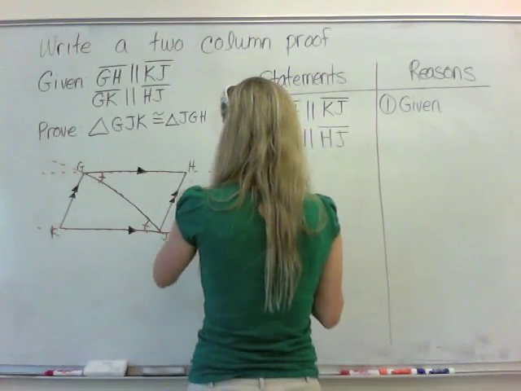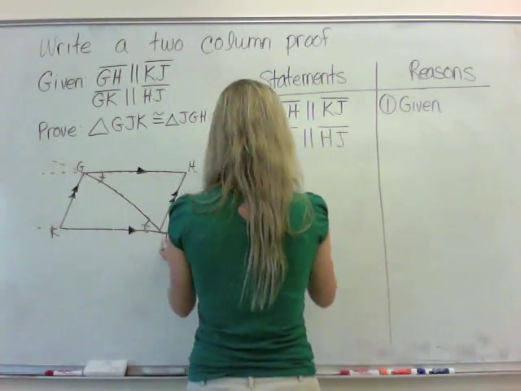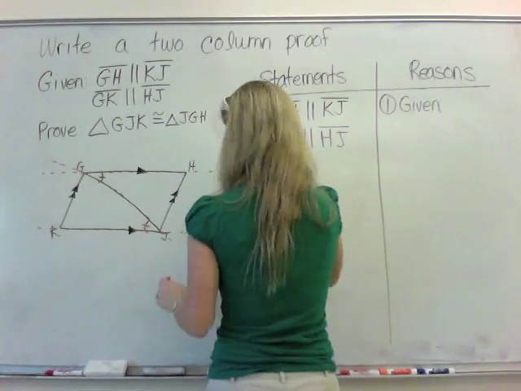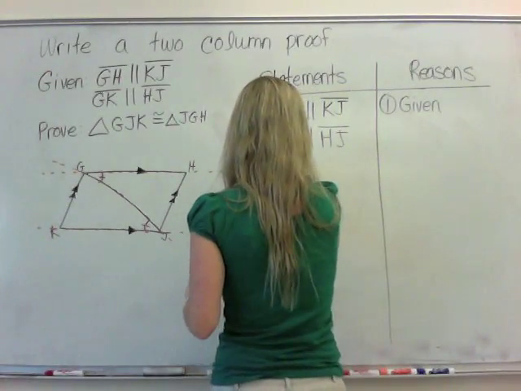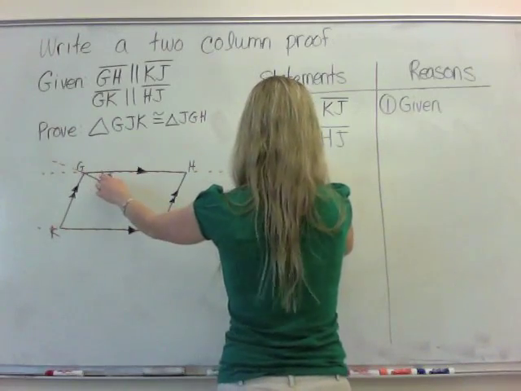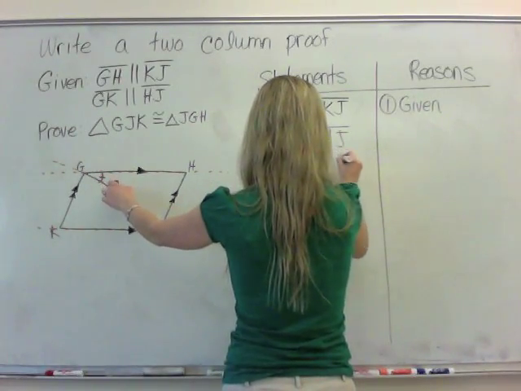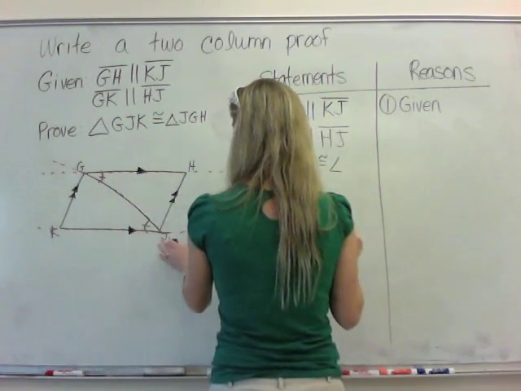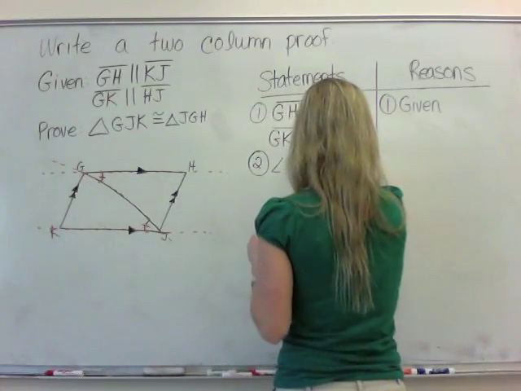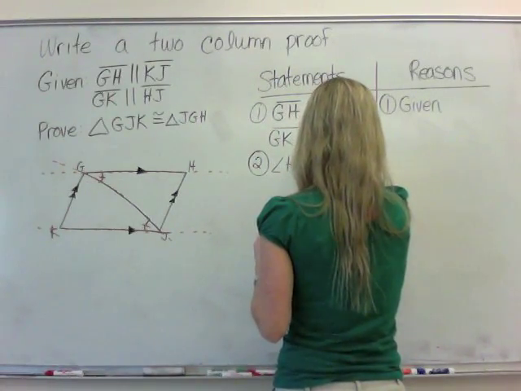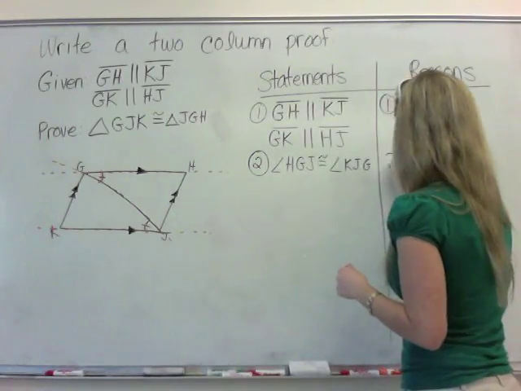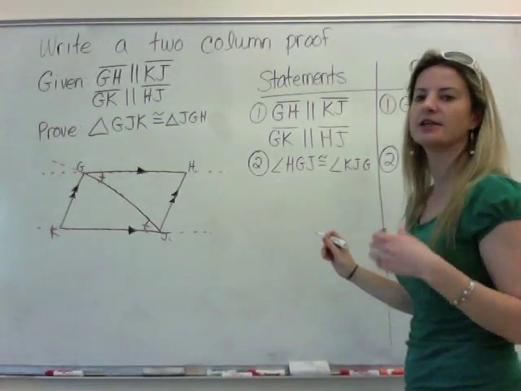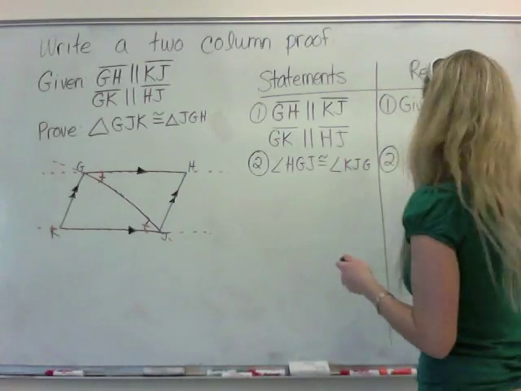So we're going to say that angle HGJ, whoops, I need to put the angle sign first, angle HGJ is congruent to angle KJG. And the reason for that is alternate interior angles are congruent.